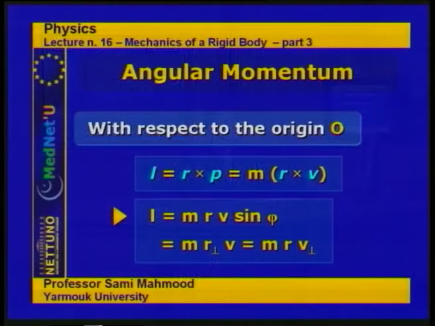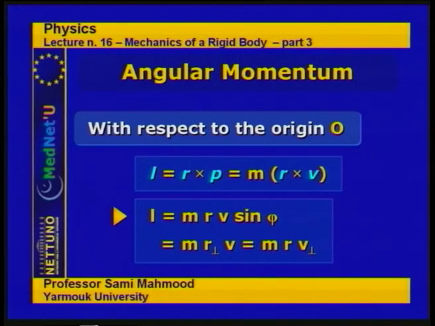By analyzing this quantity using the properties of vector multiplication, the magnitude of the angular momentum is simply m times r times v times sine phi, where phi is the angle between the position vector of the particle and the direction of its velocity.